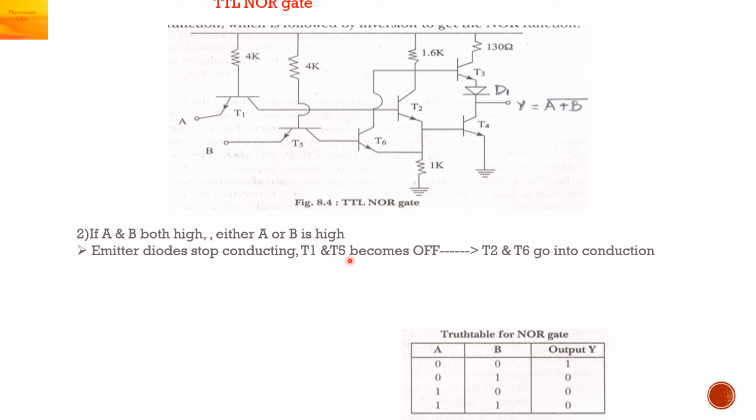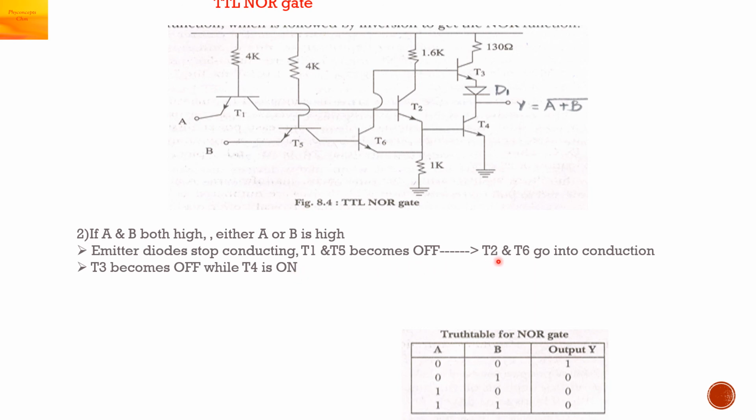T1 and T5 transistors become off, and T2 and T6 will then become on because the collector voltages of T1 and T5 will be high. T3 will then become off, while T4 is on.